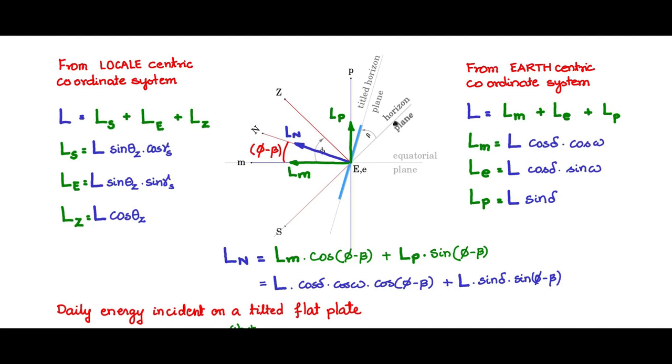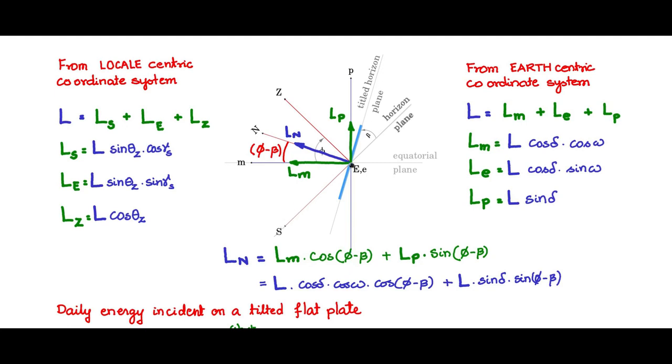The sun should be above both horizons for any effective normal insolation to fall on the tilted flat plate. So it is not sufficient that the sun is above this horizon, it should also be above this tilted horizon.